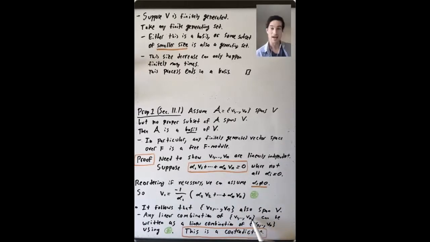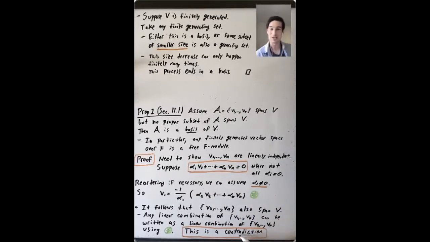So you take whatever vector, you write it as a linear combination of v1 up through vn. And then every time you see v1, you replace it with this expression, using star, with the right-hand side, which is a linear combination of v2 up through vn. So any linear combination of v1 up through vn can be written as a linear combination of v2 up through vn, replacing every v1 with this expression on the right-hand side of star.